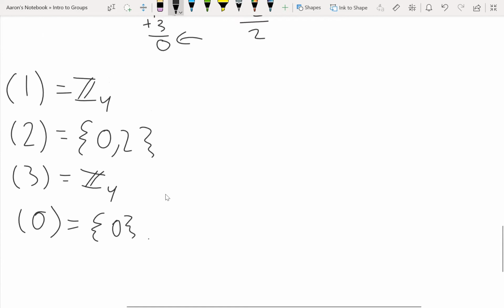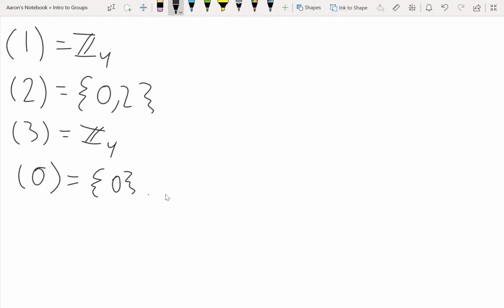This group, C4, is the rotational symmetries of a square.